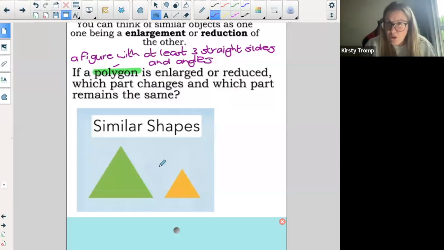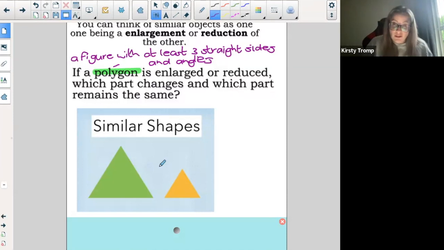So we can definitely see what has changed, guys. If I had to take my ruler out, what does a ruler measure? Good, the sides. So the ruler measures the sides.